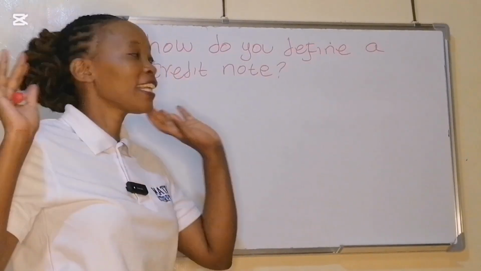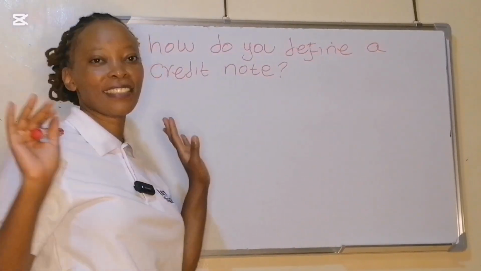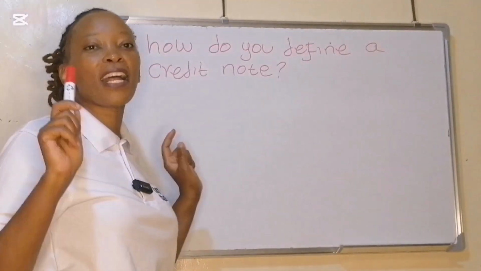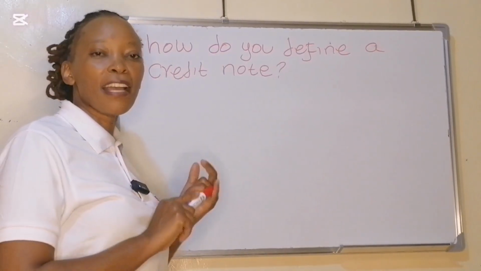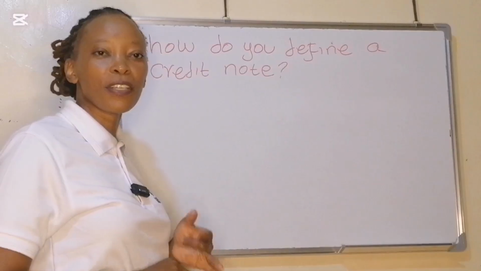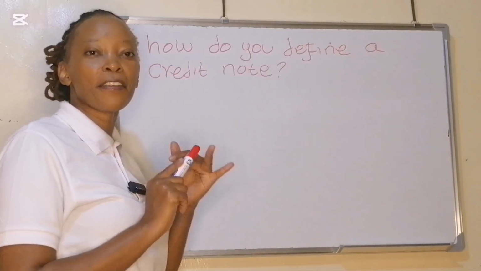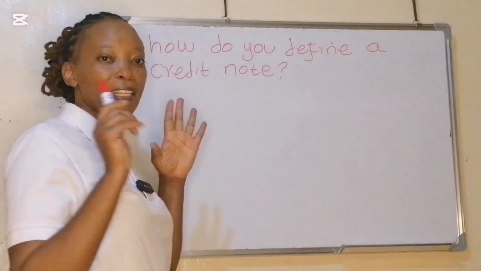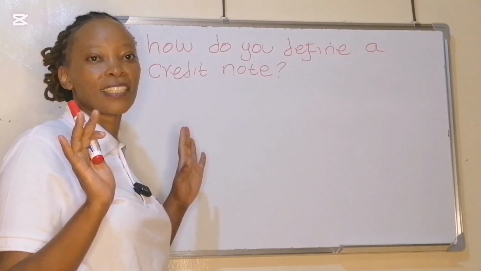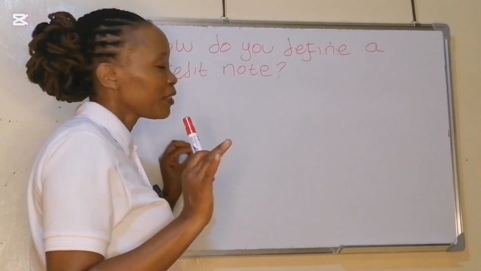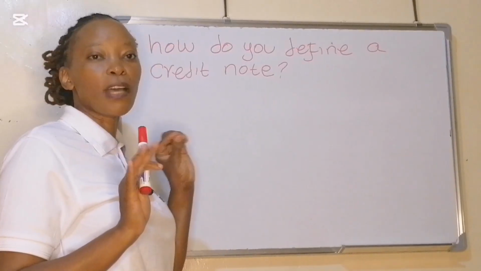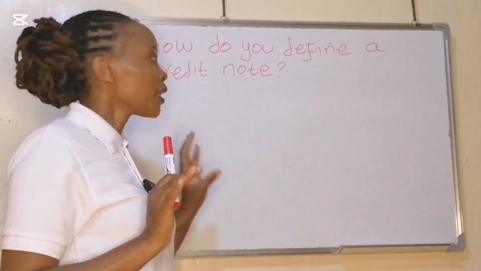Finally, I told you I'm going to finish with this one. How do you define a credit note? Now I know everyone is able to define a credit note. The way I have demonstrated it, with the example I've given you, I know you have an idea what a credit note is. You are just coming to look at my definition so that you can do some correction.